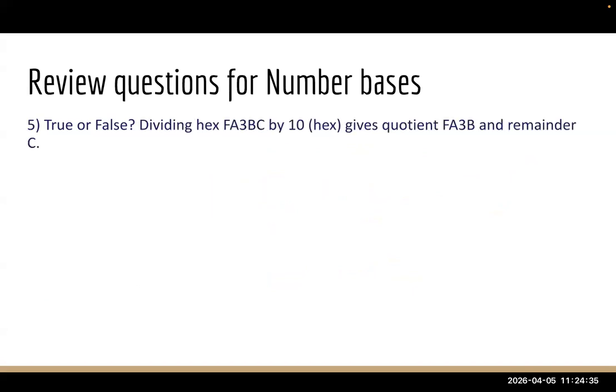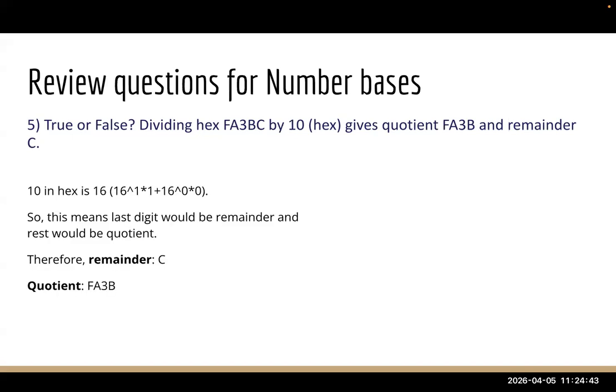Now, dividing hex FA3BC by 10 hex gives quotient FA3B and remainder C. Now, over here, we can see that 10 in hex is basically 16. How do we know that? 1 multiplied by 16 to the power 1 plus 0 multiplied by 16 to the power 0.